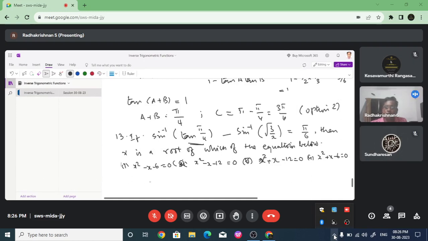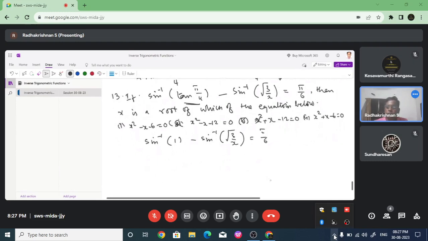So you simply can put that: sine inverse of 1, which is pi by 2.